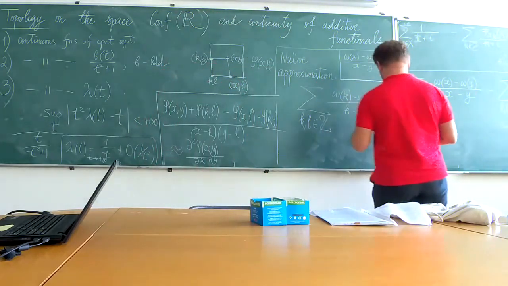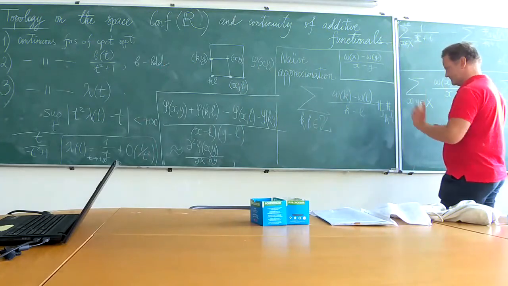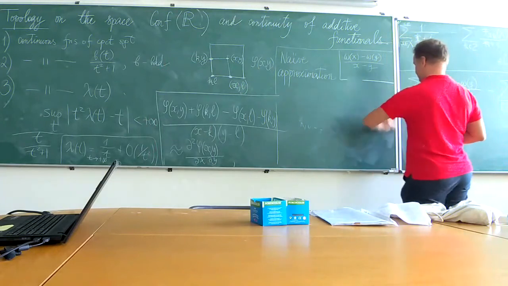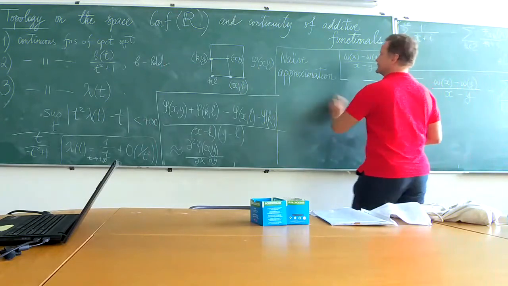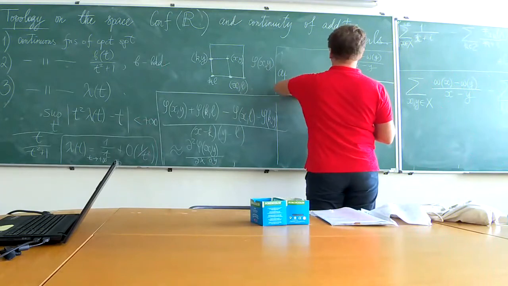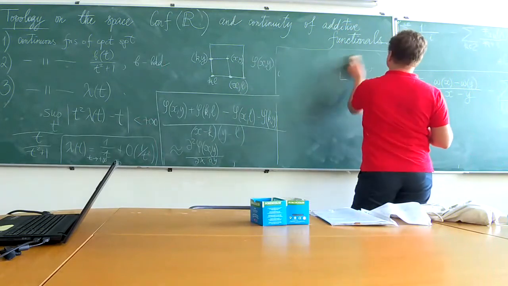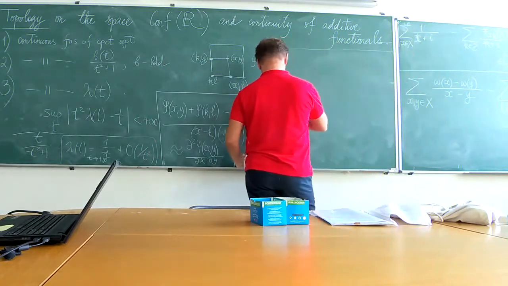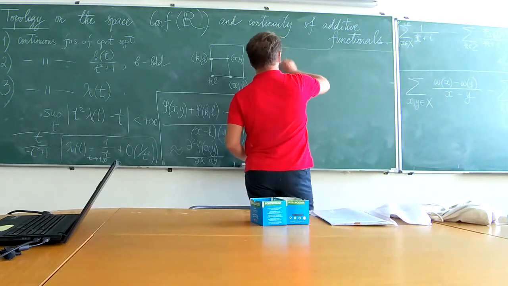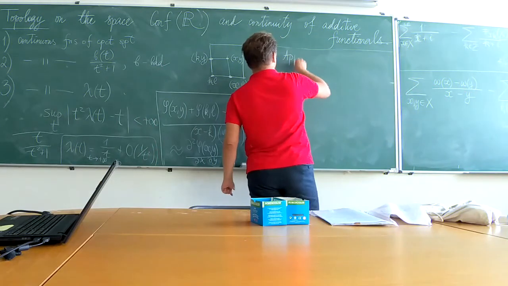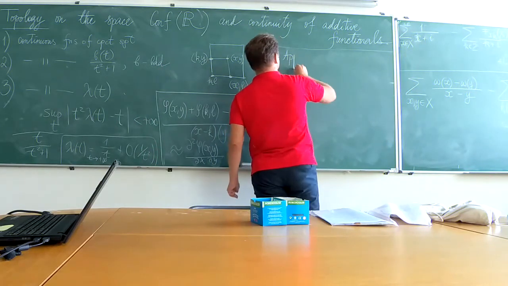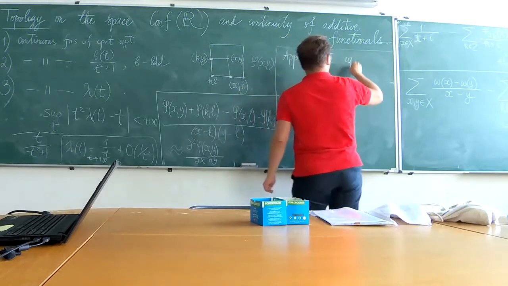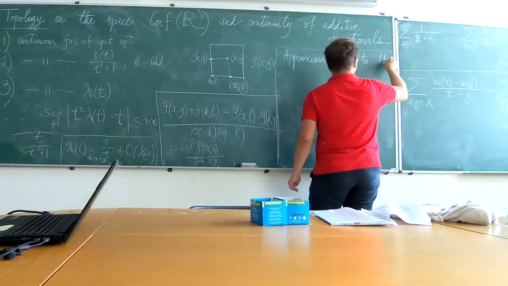So the neighborhood approximation doesn't work. So approximate up to the second. Approximate up to the second order.